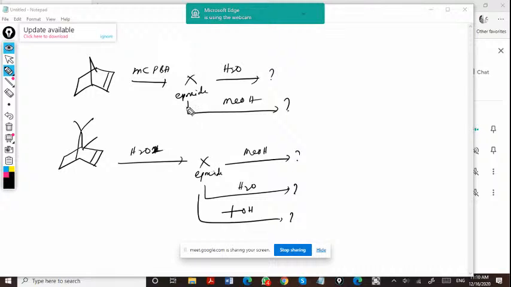And some more examples. So what could be the product? Okay.